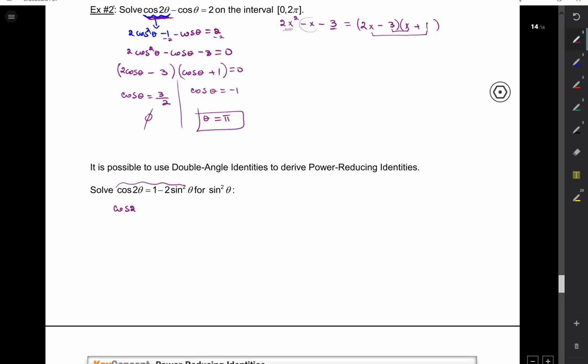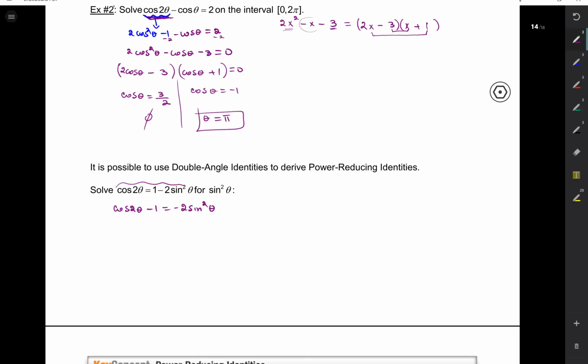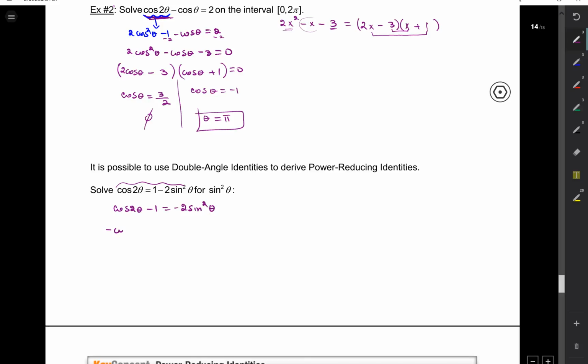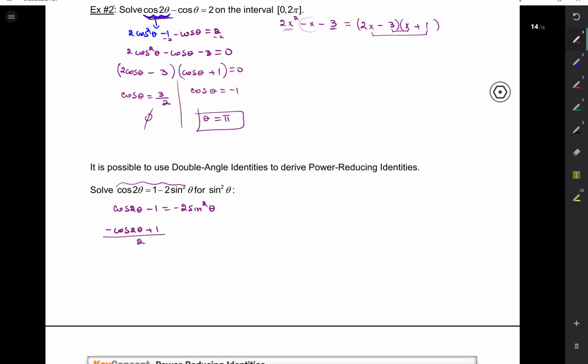We get cosine 2 theta minus 1 equals negative 2 sine squared theta. All right. Now, can we divide everything by negative 2? Sure. We get negative cosine 2 theta plus 1, all over 2. I'm distributing the negative. And that equals sine squared theta.